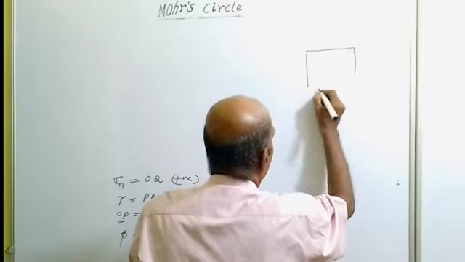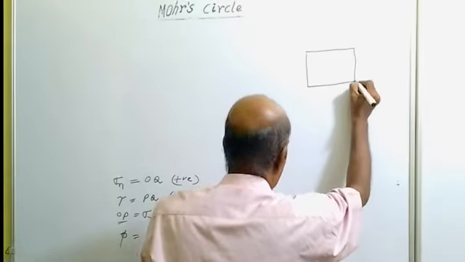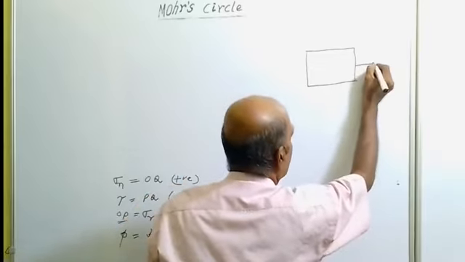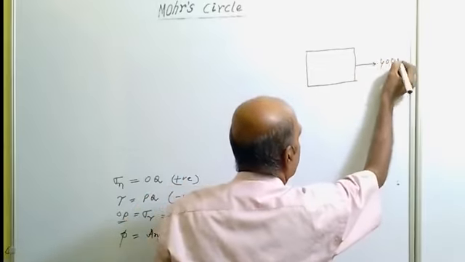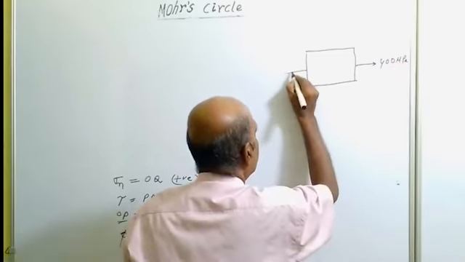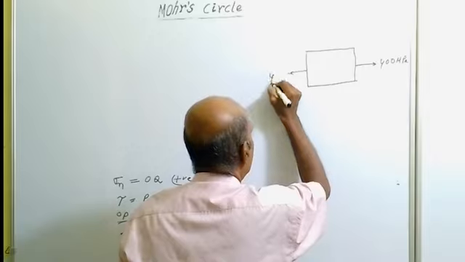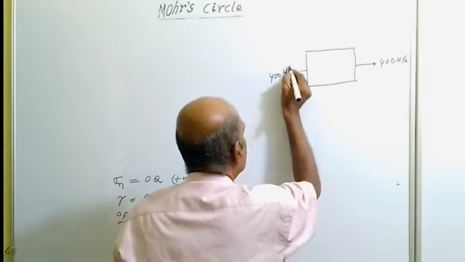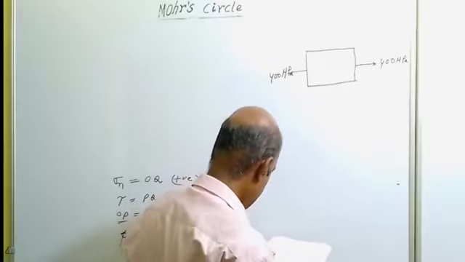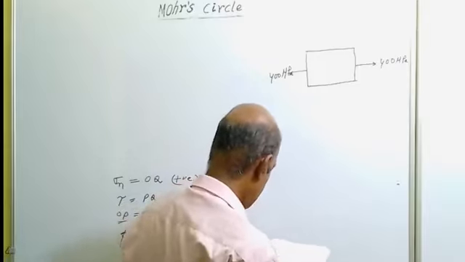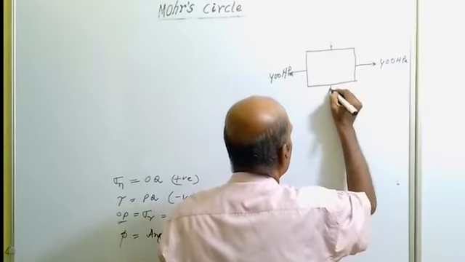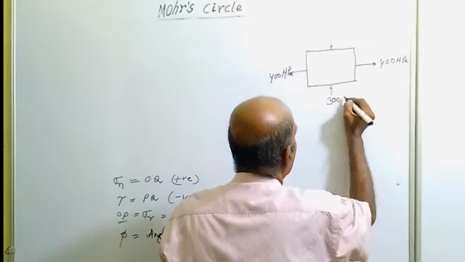This body is under various stresses acting, that is sigma x, that is 400 megapascal along x direction, and it is tensile stress 400 megapascal, and along y direction it is a compressive stress 300 megapascal. So 300 megapascal.